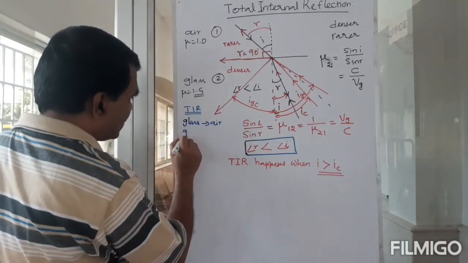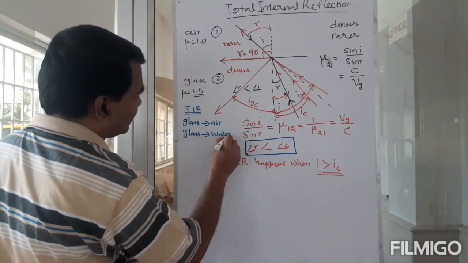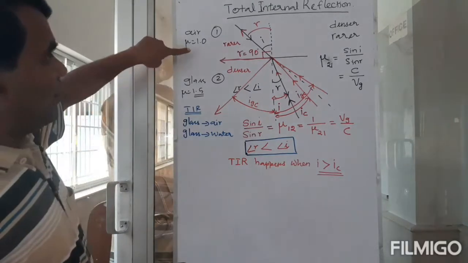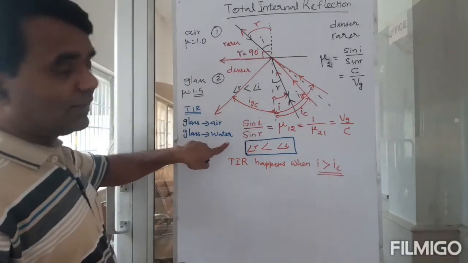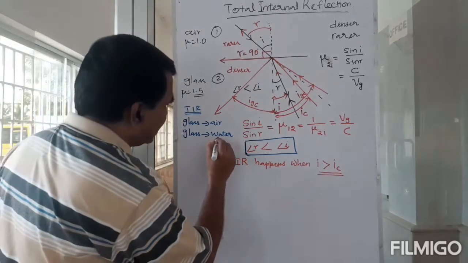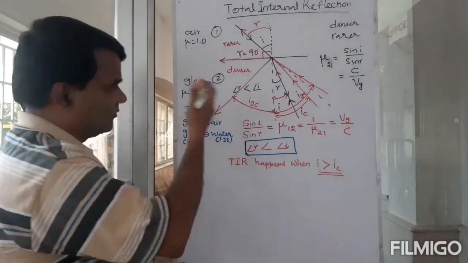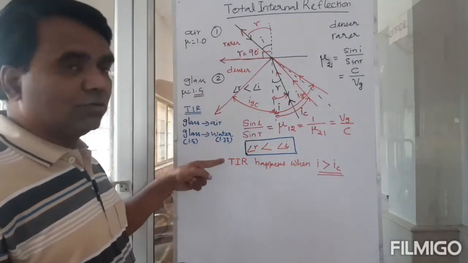And it can also happen when it travels from glass to water. Why? Because water is a rarer medium compared to glass. This refractive index is 1.33 and this is roughly 1.5, different. Okay? So this can happen.